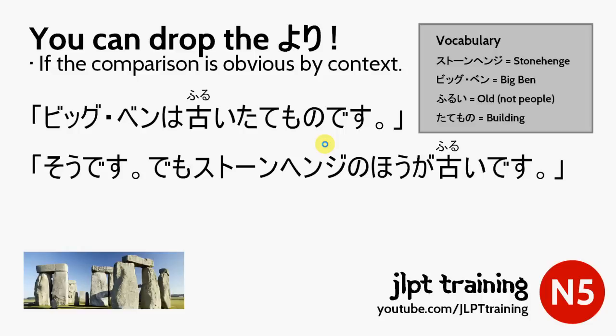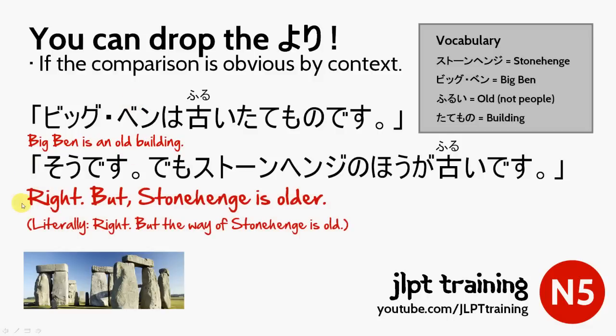And then so desu, demo Stonehenge no hou ga furui desu. As you can see, we've got no yori in this sentence because it's obvious that we're comparing it to Big Ben in the first sentence. So there's the translation for the first one, and here we've got the translation for the second one. So, right, but Stonehenge is older. And that's basically how you do that.